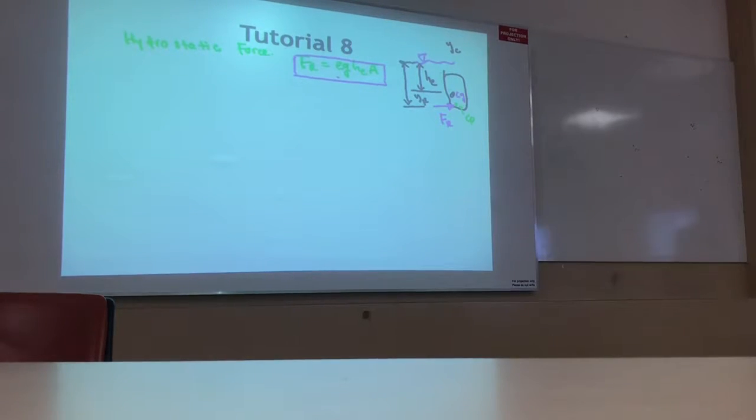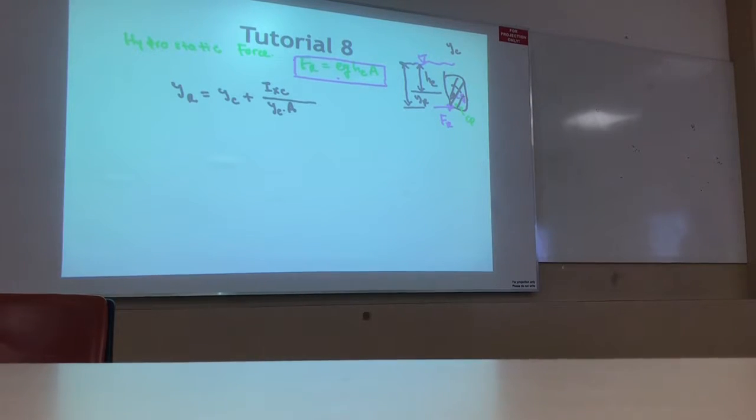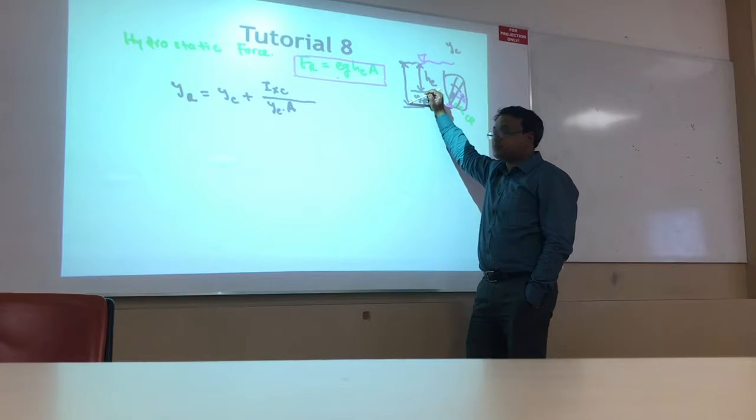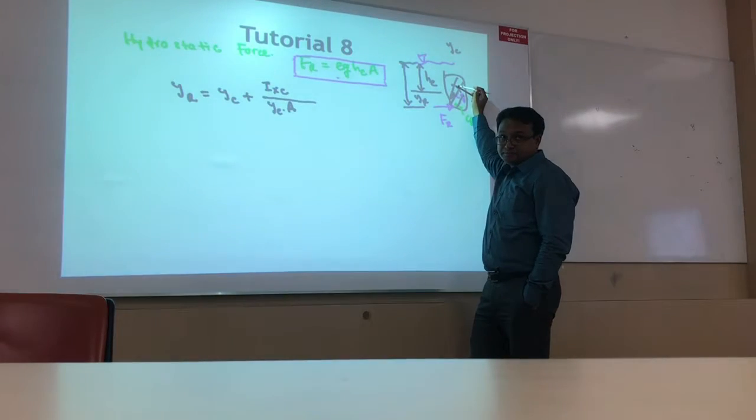And YR is calculated by this equation: YC plus IXC, the moment of inertia with respect to this object, divided by YC times area. So we use this equation to calculate the distance from the water surface to the center of pressure of any object.